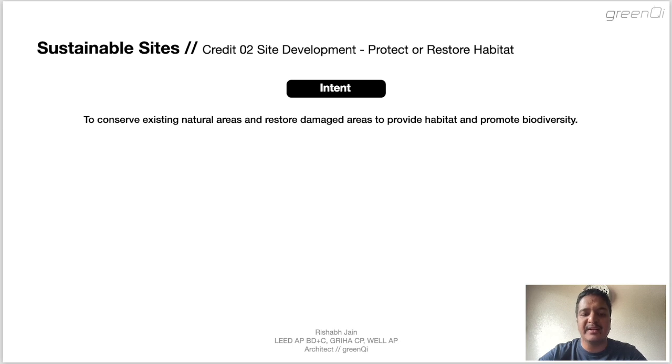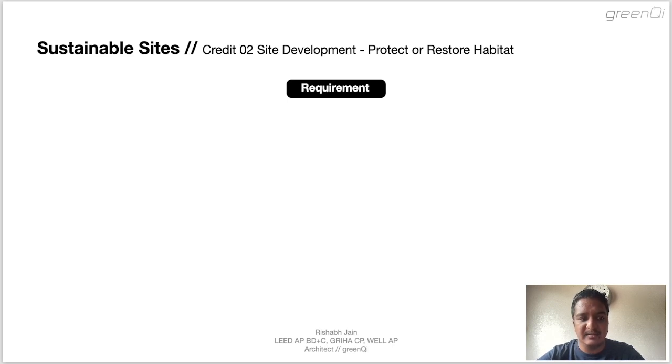It encourages project teams to designate the areas as protected habitat and open space for the life of the project. When building on a previously developed or disturbed site, the project team should consider on-site restoration. Restoring native soil, plants, and hydrology helps to maintain overall ecosystem health.